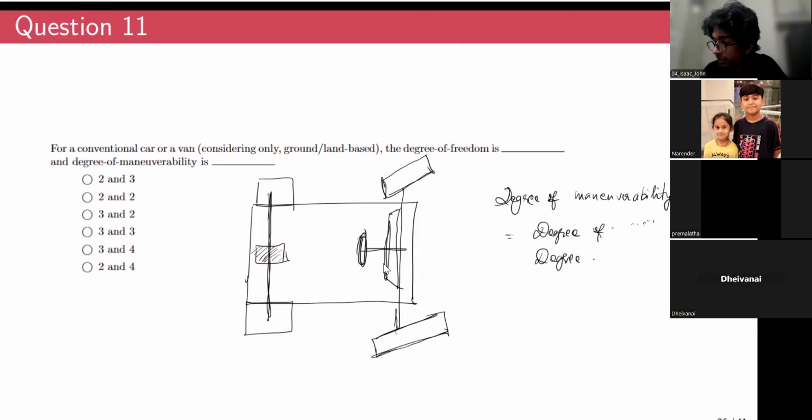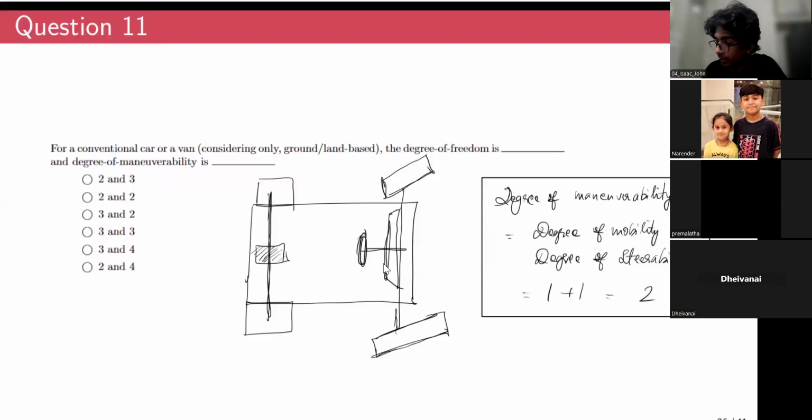So basically, degree of maneuverability is nothing but degree of mobility plus degree of steerability. And as you have rightly pointed out, the degree of mobility is 1 and steerability is also 1. So the degree of maneuverability is essentially 2, right?